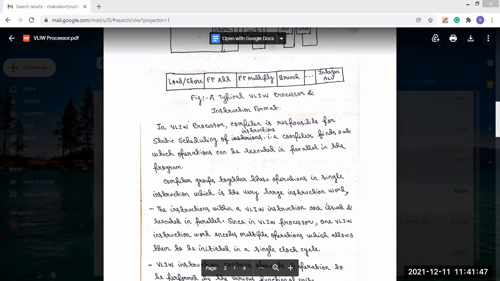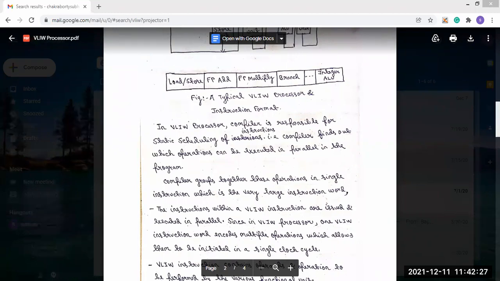In a VLIW processor, the compiler is responsible for static scheduling of instructions. That is, the compiler finds out which operations in the program can be executed in parallel. In a typical VLIW processor there are identical operations present, and we group them together.